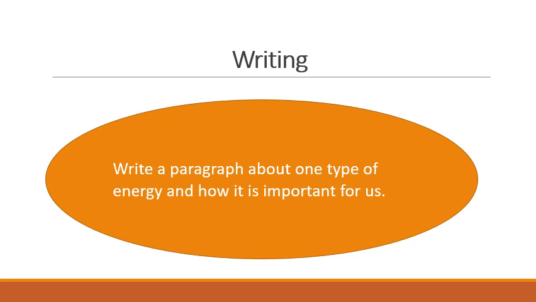And also I hope you finish writing this paragraph on one type of energy and how it's important for us. You need, of course, to select one source of energy and then make a kind of brainstorming for yourself, and then make a draft and then edit your own draft.